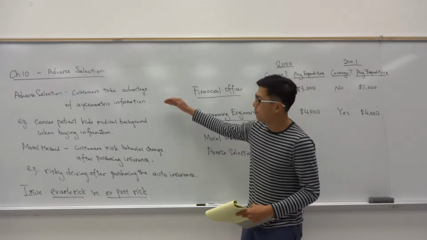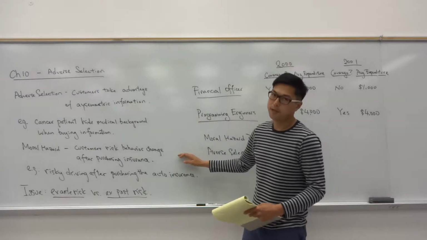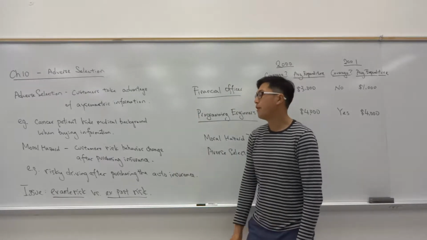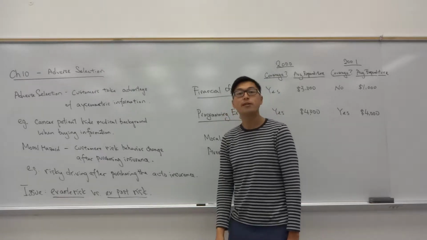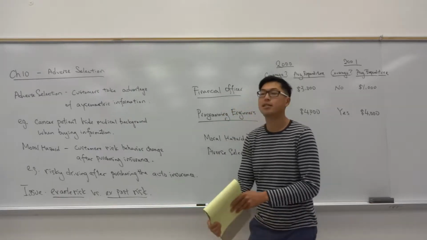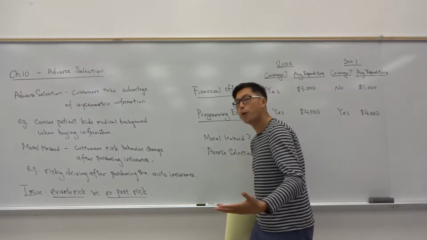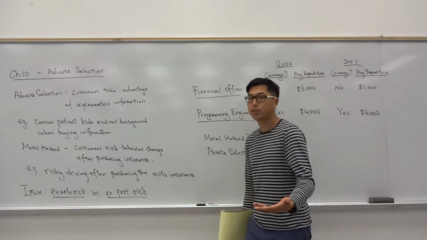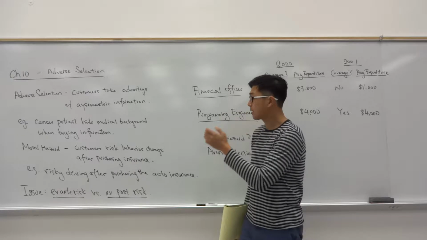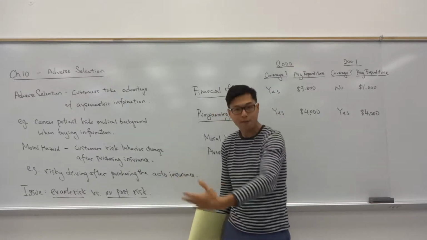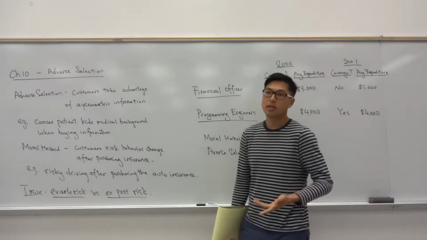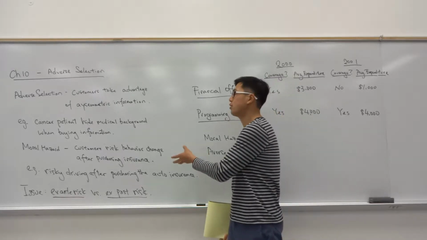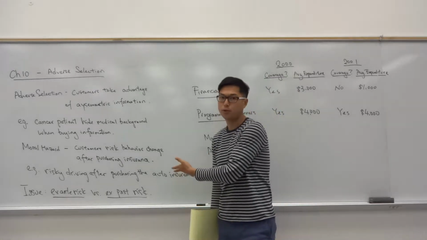To tell the difference between the two is very difficult, because we have to evaluate what we call the ex ante risk and the ex post risk. The ex ante risk is the risk involved before purchasing the insurance, and the ex post risk is, after purchasing the insurance, what's the risk of that individual. Sometimes it could be moral hazard causing the problem for the insurers.